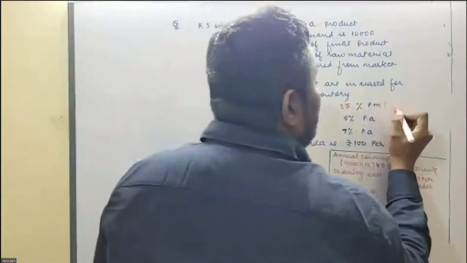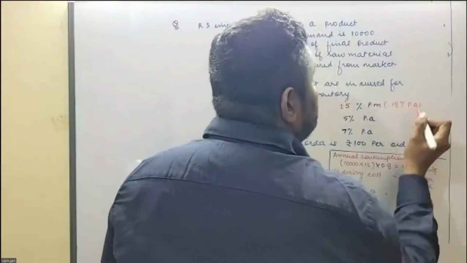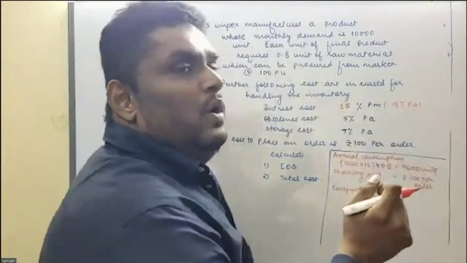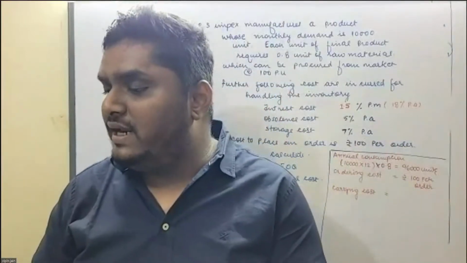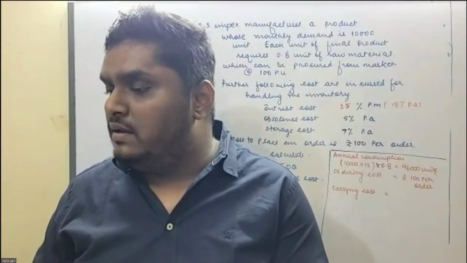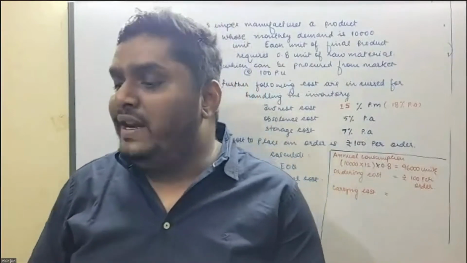So per year it will be how much? 18% per annum. 1.5 into 12. Very good, Miss Palak. Now your answer is correct. Manoj Kumar, incorrect answer. Piyu Chaurasia, now your answer is correct. Jash Shah, yes, your answer is correct now. Very good, Jash. Pooja Kumari, incorrect answer.